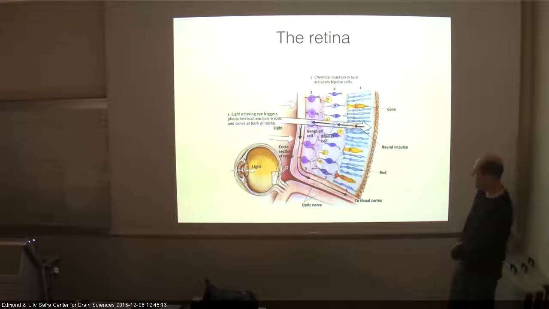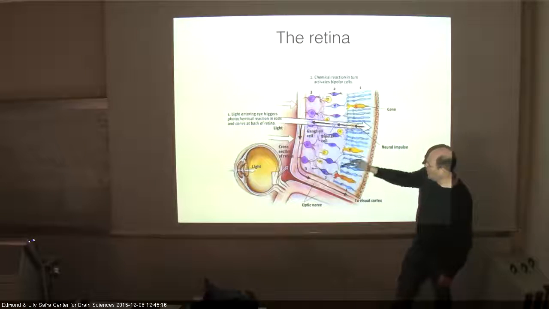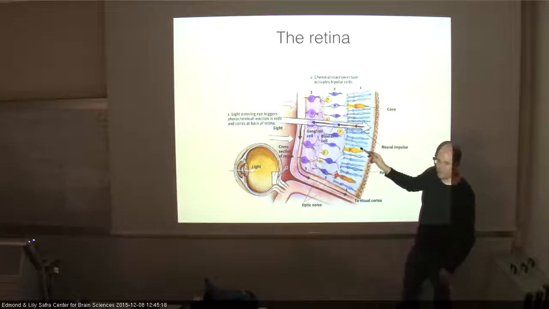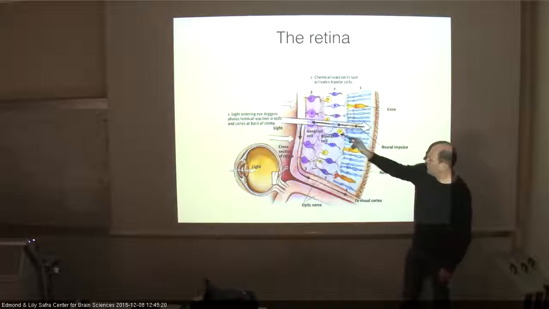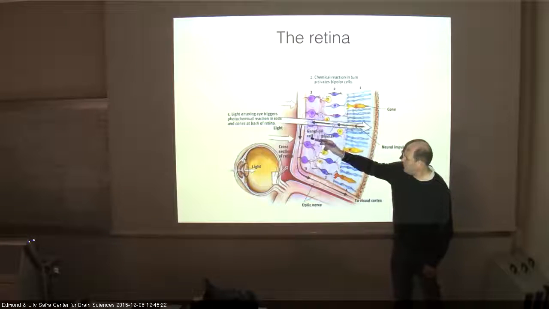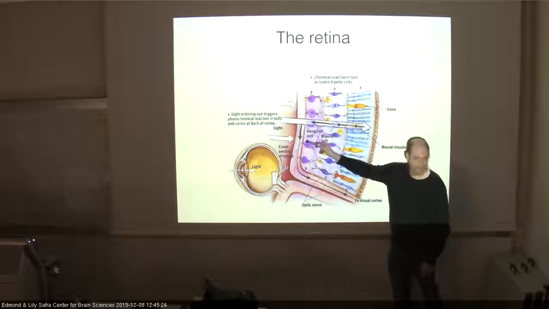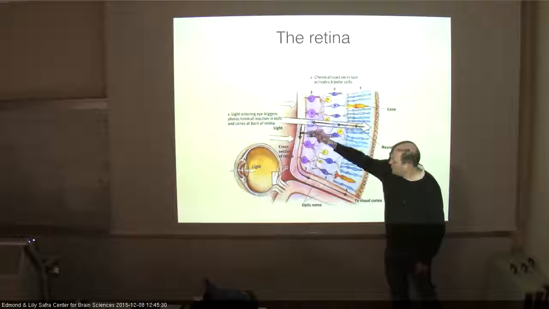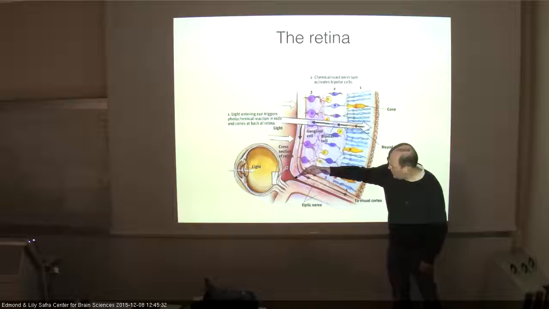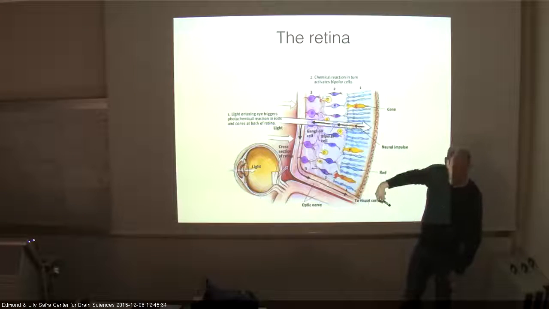And what this means is that the light is coming in this way, hitting the photoreceptors. These are activating the bipolar cells, these are activating the ganglion cells, and now the ganglion cells need to send their outputs to the brain, and they do this through the optic nerve. So all these axons collect into one area, and then they need to go through the layer of the photoreceptors.